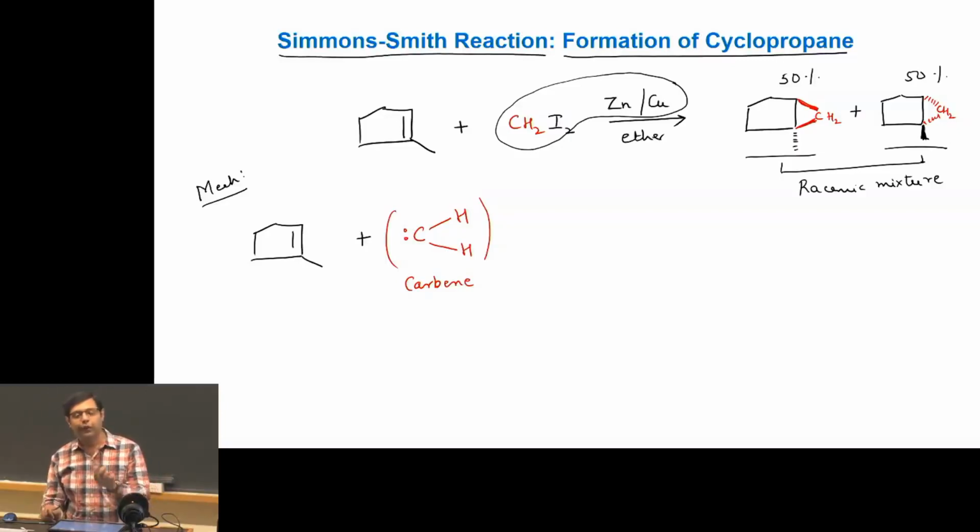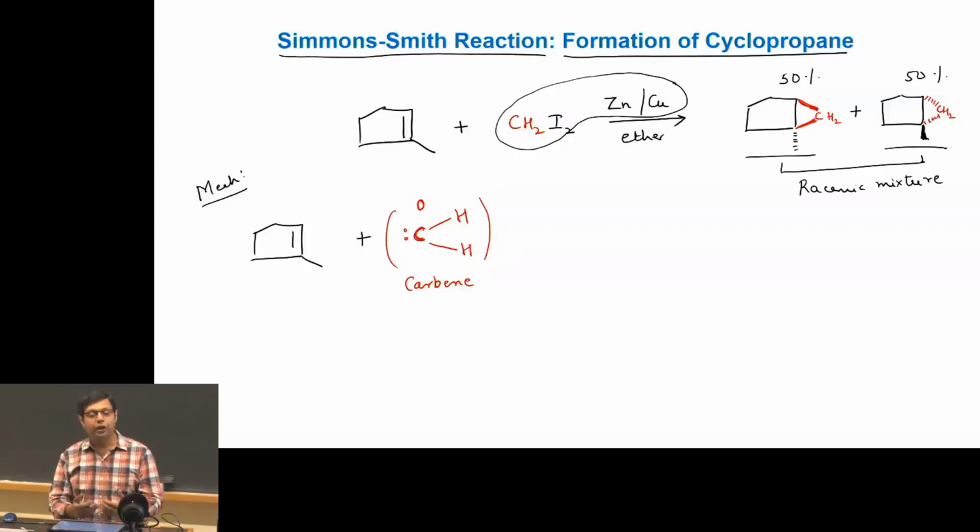Carbon with 2 bonds and 1 lone pair is called a carbene. So a carbene is the active reagent in this reaction, right? Now if you calculate the formal charge of this carbon in carbene, you will get the formal charge as 0. Carbon with 2 bonds and 1 lone pair, all right?